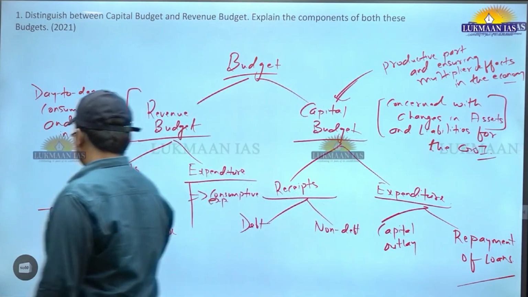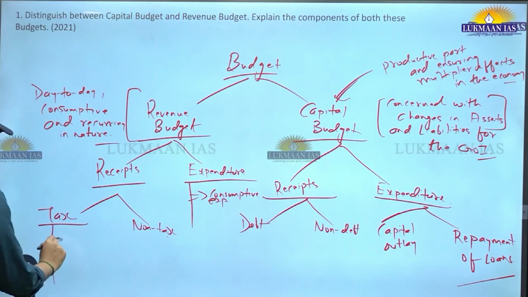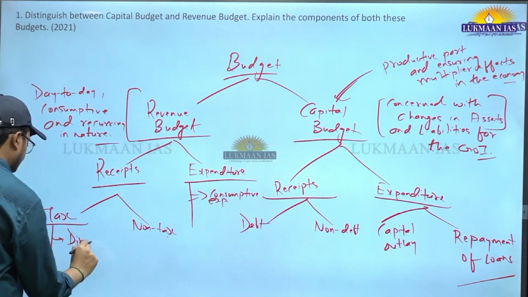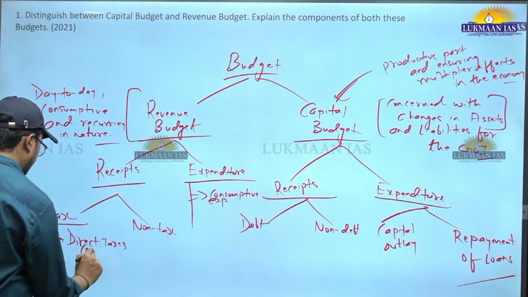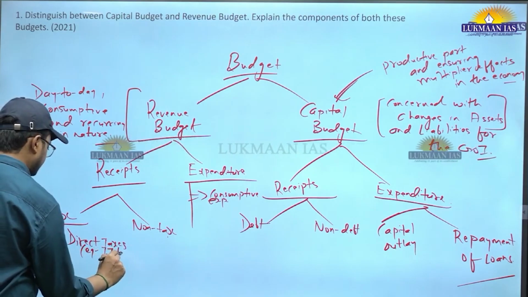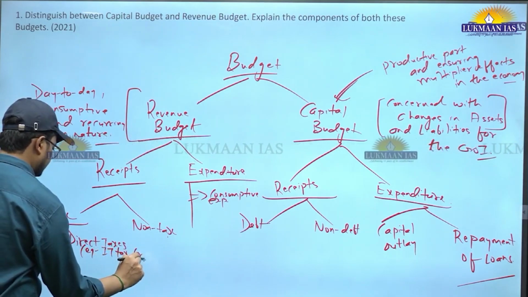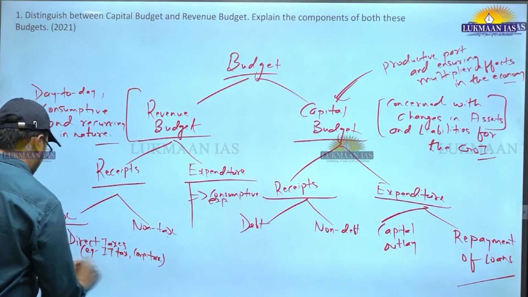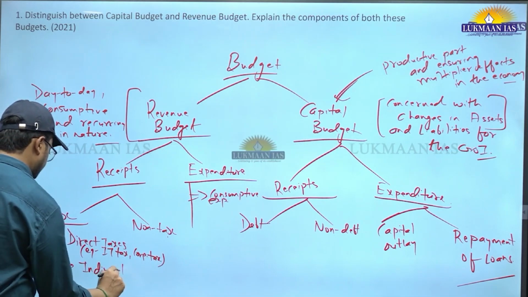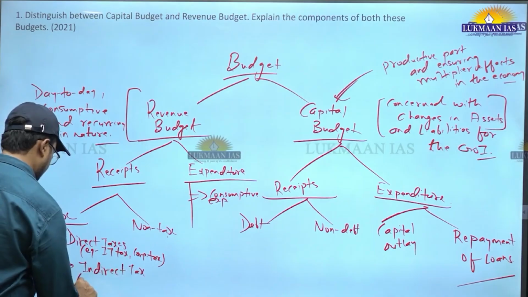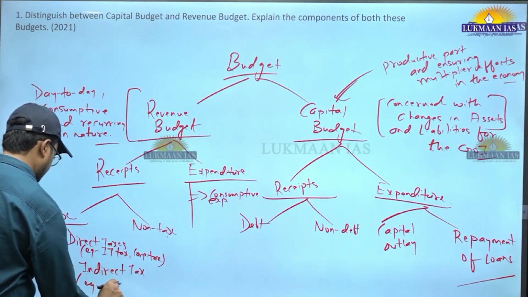In the tax receipt part, it could be direct taxes, for example income tax, corporate tax, and it could be indirect tax, for example GST.